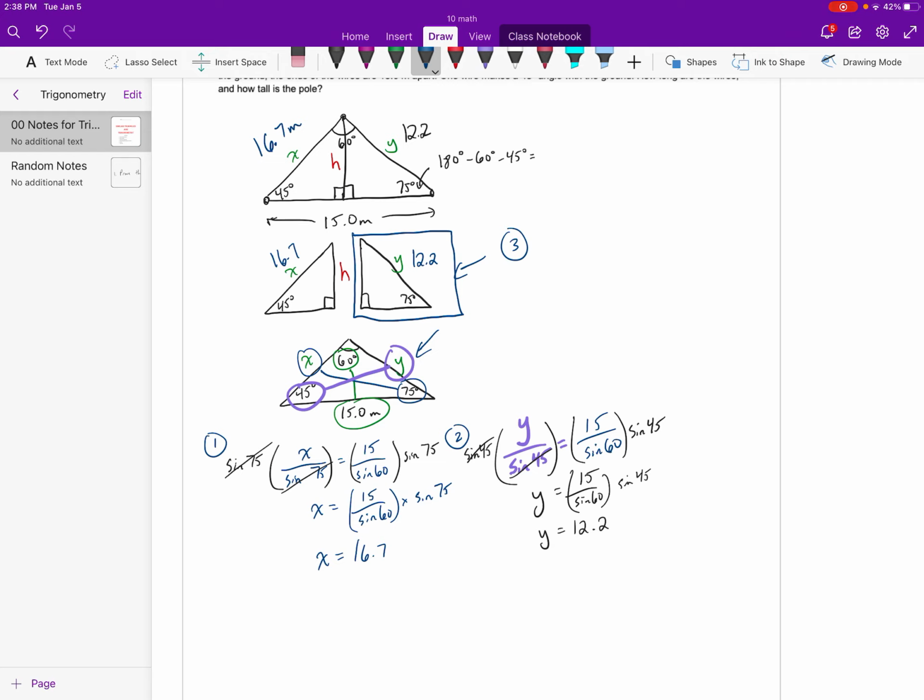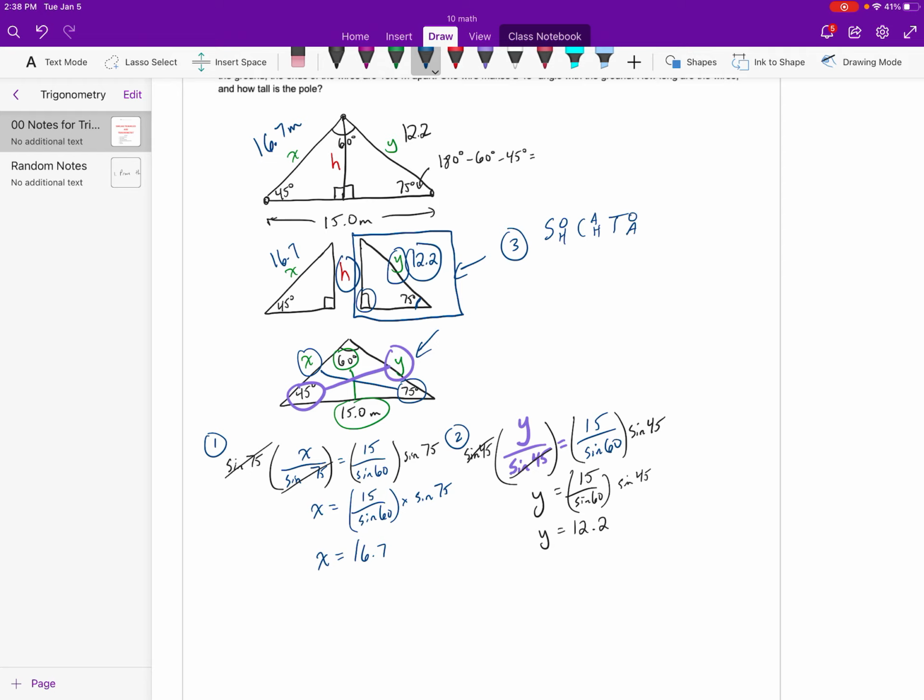So if I take a look at this, I have an angle measure. I have a right triangle, so I can use SOHCAHTOA. You could use Sine Law, by the way. It will work just fine as well. What we're trying to find is H. That's our unknown side, and we have this side, the hypotenuse.